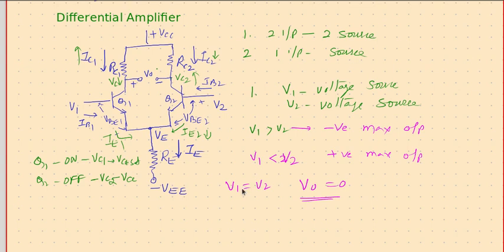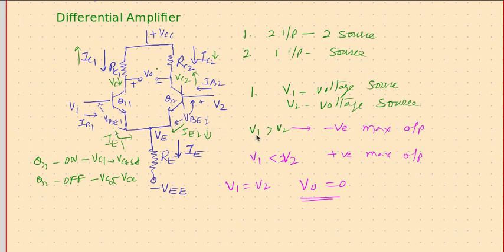So that's one way of explaining how this differential amplifier works. So it just gives positive maximum or negative maximum as output depending on V1 is minimum, or V2 is minimum.